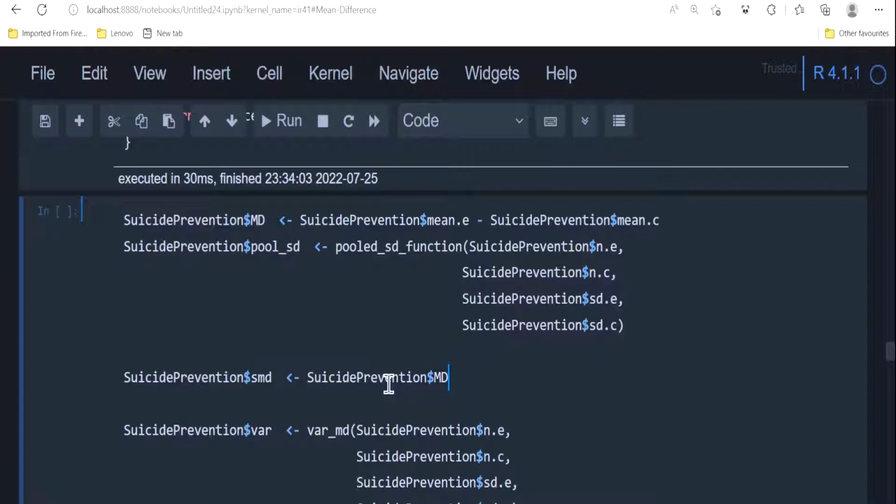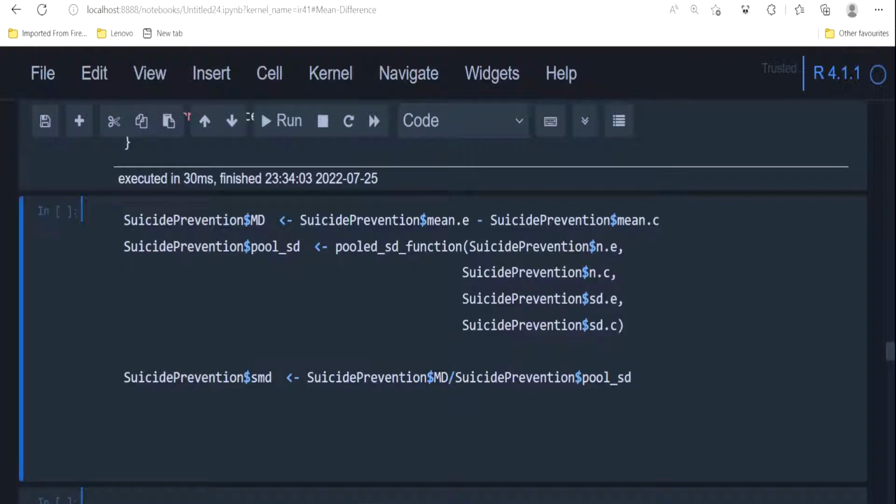The mean difference will be the mean in the experimental group minus the mean in the control group, and the pooled standard deviation is, this is how it should look. And then finally I have to add this Hedges' factor. Maybe I can create an equation for it, a function actually.